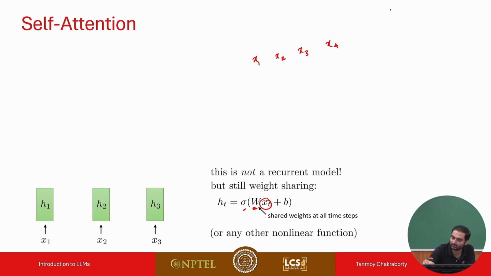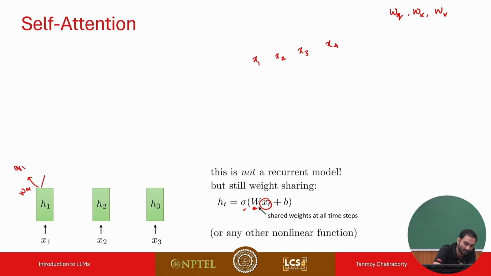We do this using 3 parameter matrices. For query generation, we use the parameter matrix WQ. For key, we use WK. For value, we use WV. These are the learnable parameter matrices. It basically means that we multiply H1 with WQ, which will produce the query Q1.